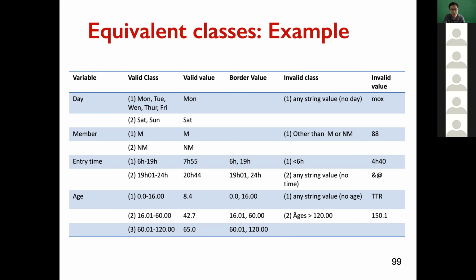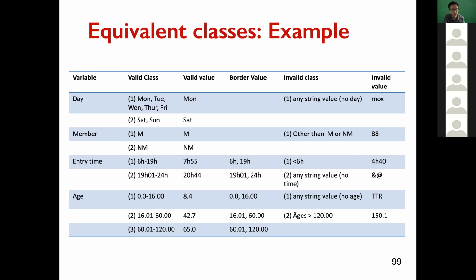For entry time, we have valid partitions for its 2 valid time slots, and also 2 invalid classes. One is earlier than the valid classes, and another is any other string value, right?